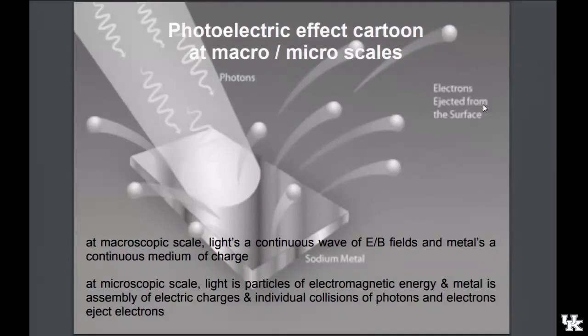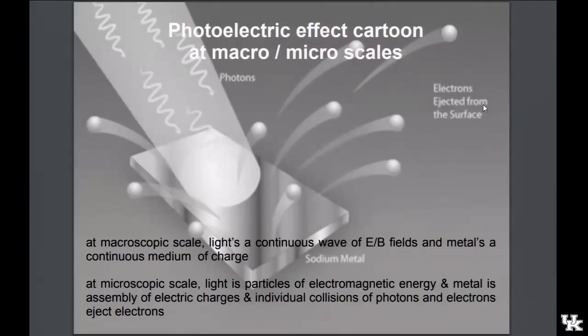So in the classical picture of the photoelectric effect, the macroscopic picture, the electromagnetic radiation is just waves of electromagnetic radiation that impinge on a metal, which is a sea of charge.